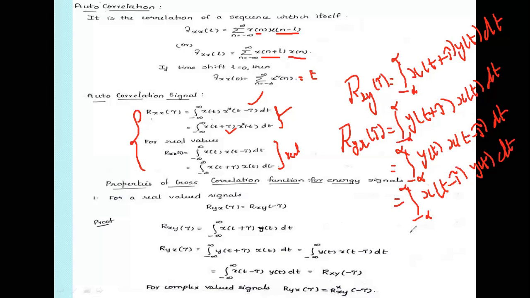Got it, my students? Here there is a minus of minus, or Rxy of minus tau is equal. So using this, Rxy of minus tau or Ryx of tau is equal to Rxy of minus tau. Understood? This is the first property for energy signals.